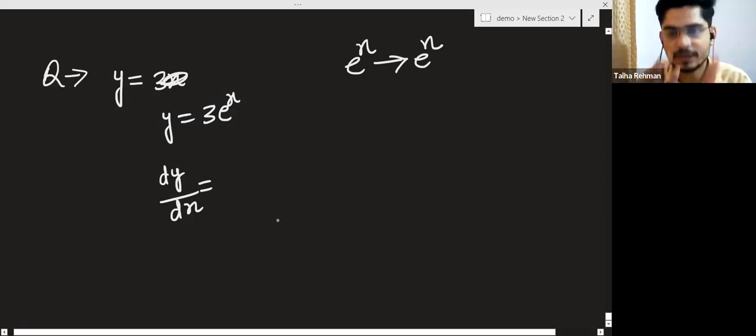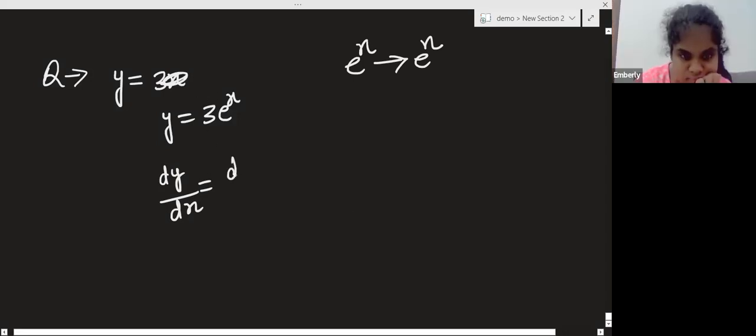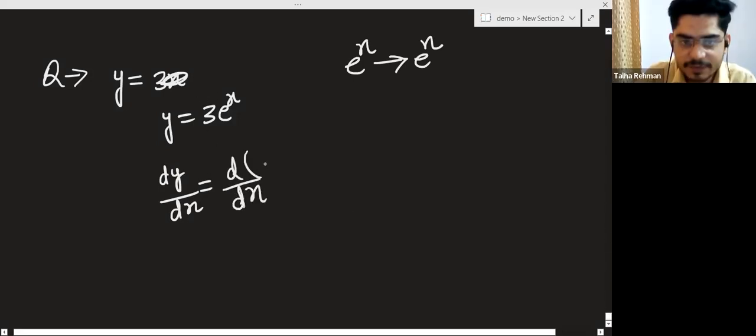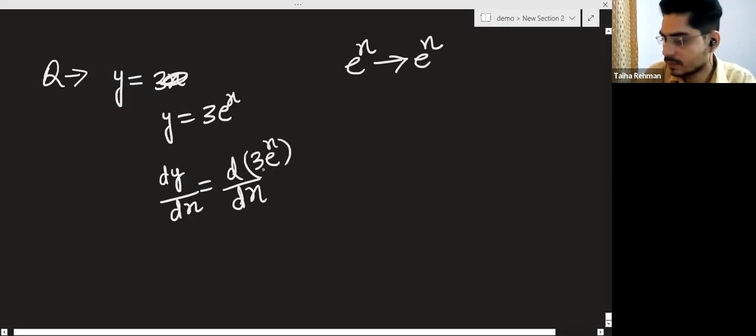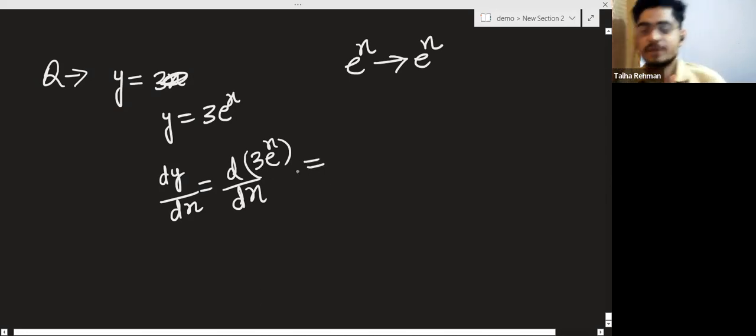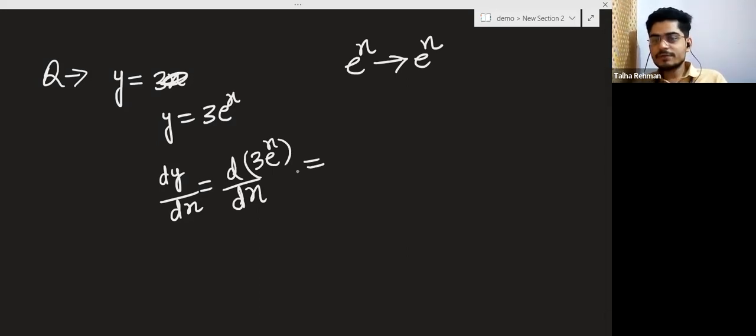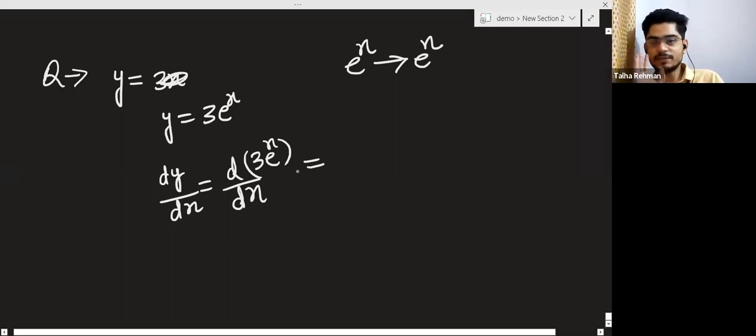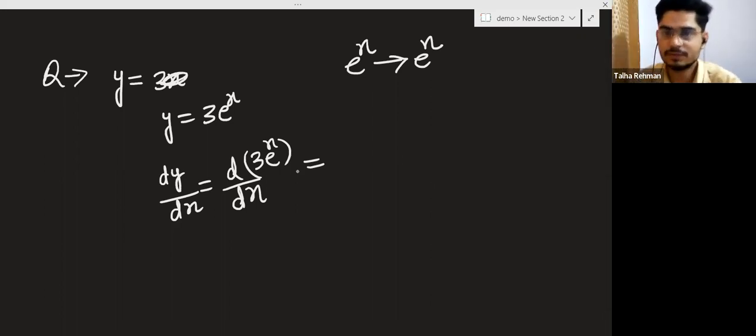So listen. 3 is a constant. This will be dy by dx, and we have to differentiate 3 e to the power x. Okay. These things are very important. Why? Because I know the medical students will get difficulty in these things. They can relate with the theory and all that, but when mathematics comes, you know that.